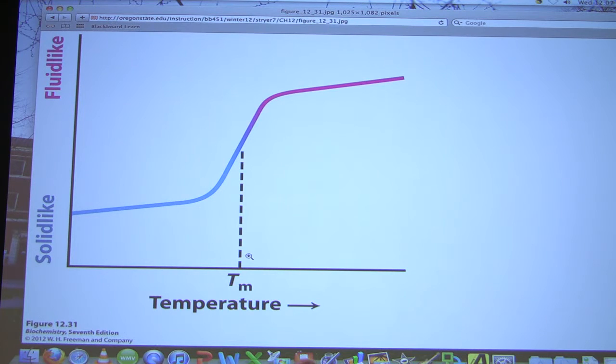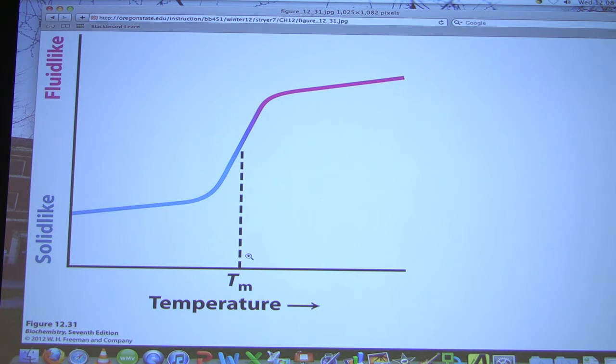Now, a prime place where we see evidence of this is if we look in the ocean. In the ocean, we discover that the temperature of the ocean is, especially in these parts of the world, fairly chilly, and that fish swimming around in that water are exposed to very cold temperatures. If we want them to have fluid membranes, we might imagine that they would have a need for a greater amount of unsaturated fatty acids in their membranes than we would have living out here in the nicely climate-controlled environments.